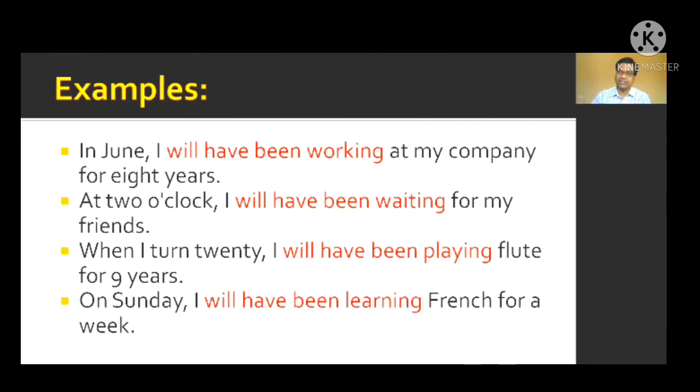And once I complete 20 years of my age, at that time I'll be completing 9 years of playing the musical instrument called flute. So the sentence goes like this. When I turn 20, that will happen in future. So turning 20 is the action that is going to happen in the future.